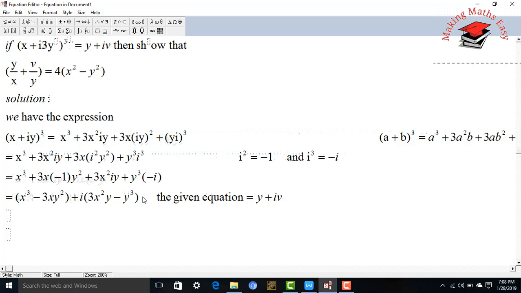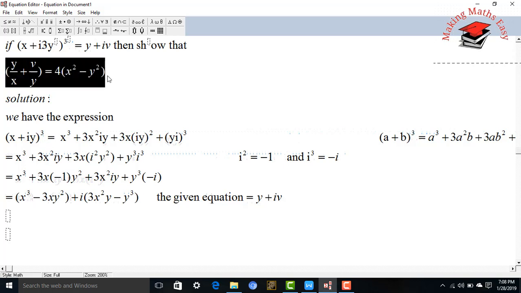So we will do it, and the given expression or the given function we have is y upon x plus v upon y is equal to 4x square minus y square. So we have this function, so we write this function as it is.